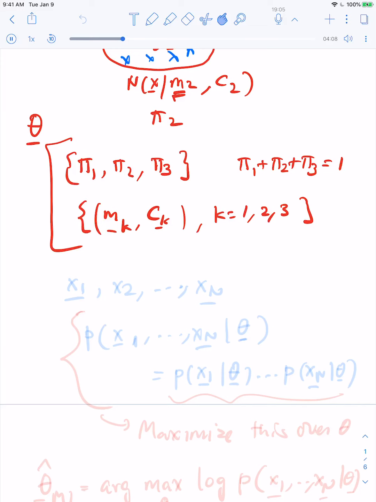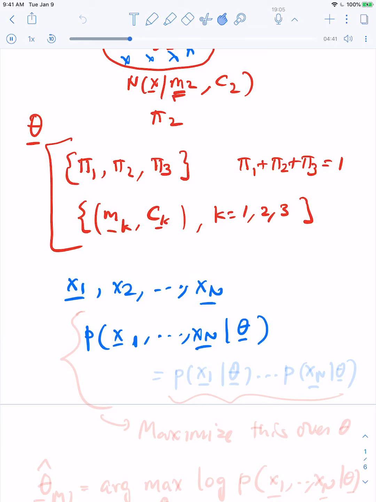And so the way we set it up is I have the data as usual, x1, x2 through xn. And I have these parameters theta that I want to estimate from the data. I have some hypothesis, or a model, for how this parameter influences the density.